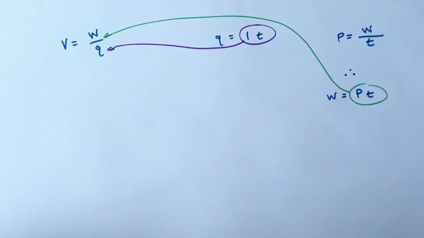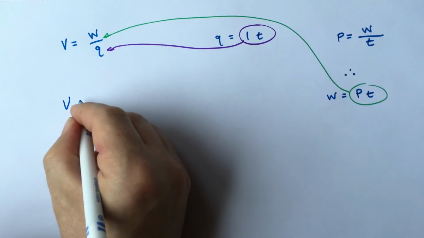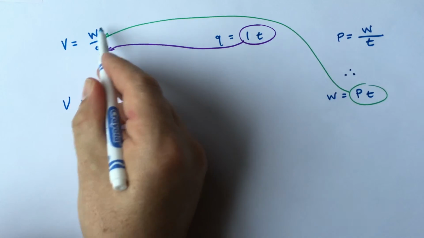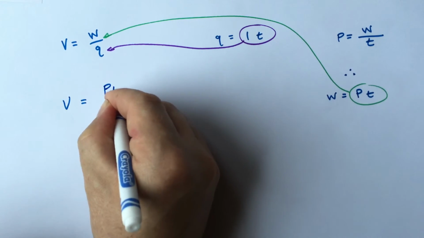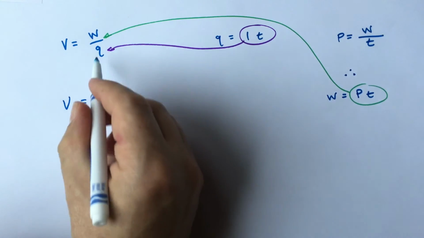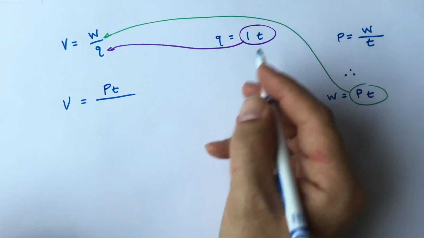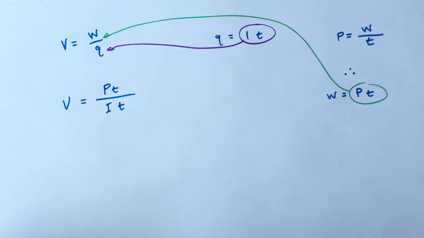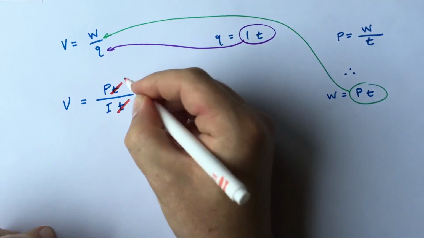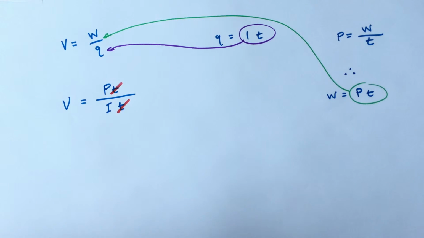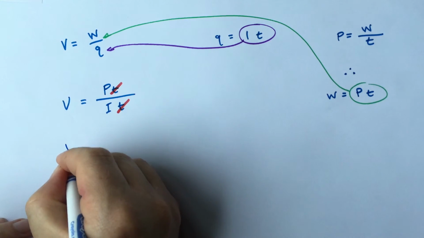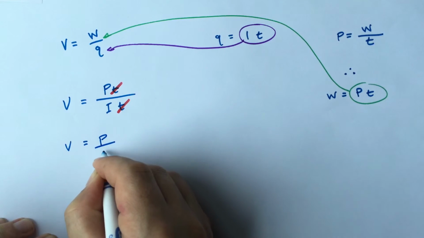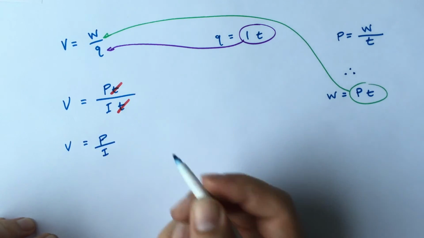And rewrite my equation then that V, potential difference, is equal to, let's not write work, let's write power times time. And let's not write charge, let's write current times time. All right, and these 2 times are going to cancel out. And so I can write that voltage, potential difference, is equal to power divided by current.